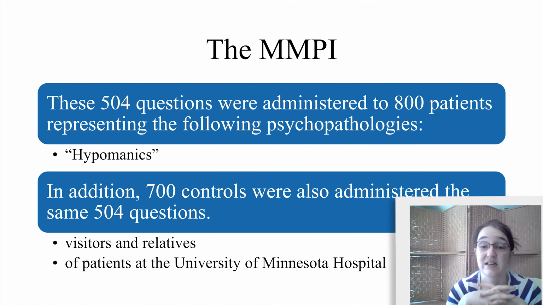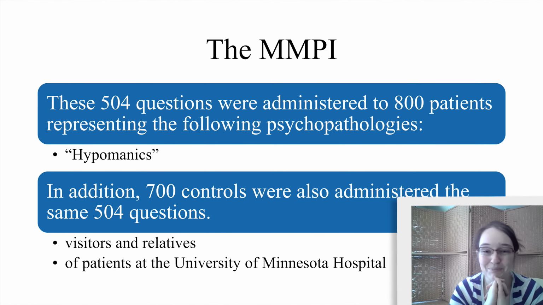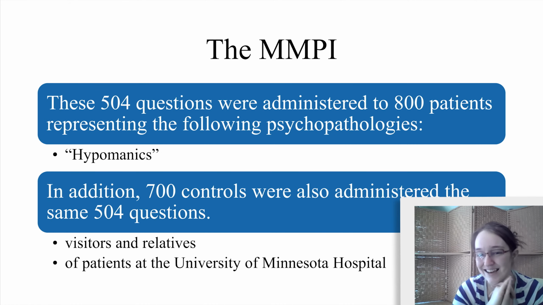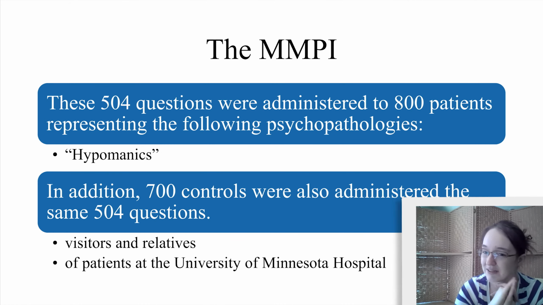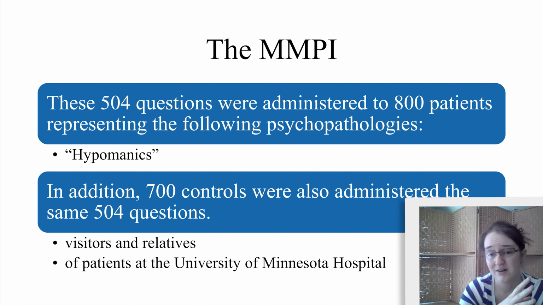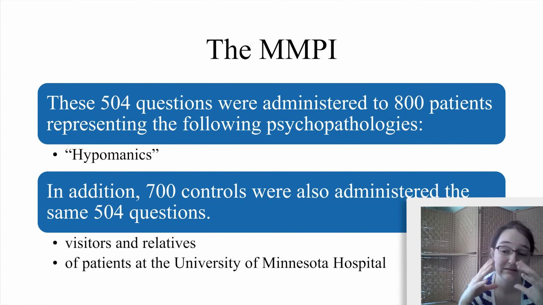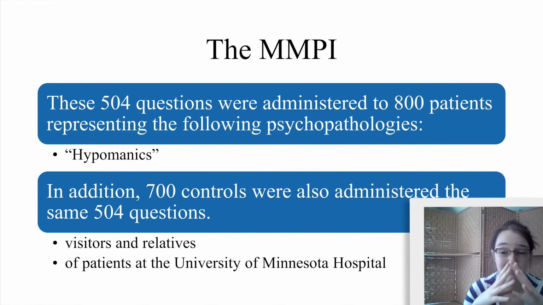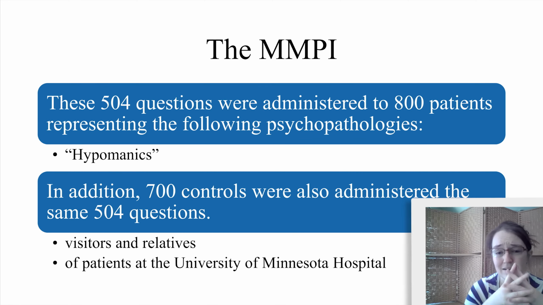The last one is hypomaniacs. These are patients in a high energy, agitated state with poor impulse control, inability to sleep, and poor judgment. So this is like the manic side of bipolar, not the lighter level that you see with bipolar 2. This is really just mania.